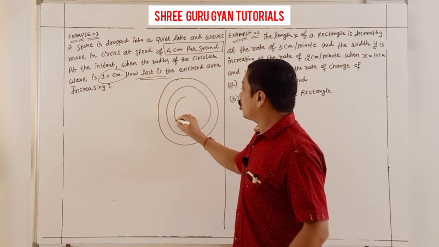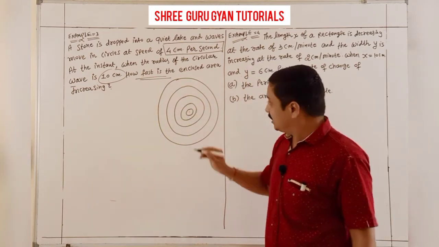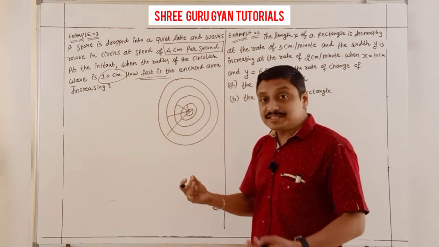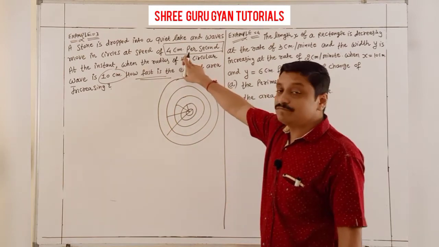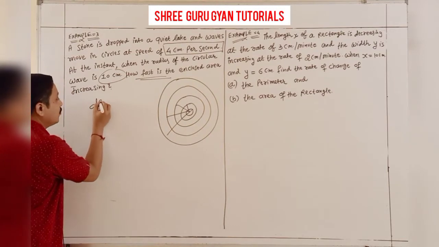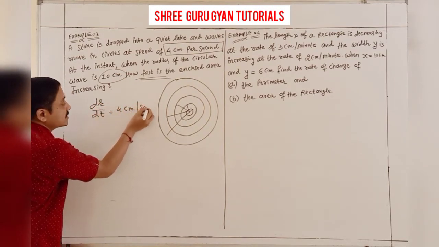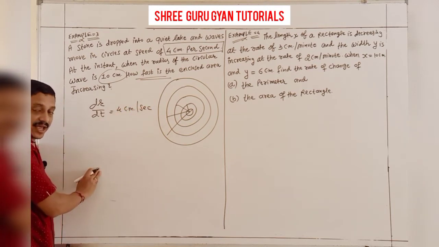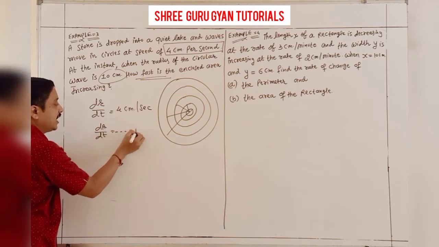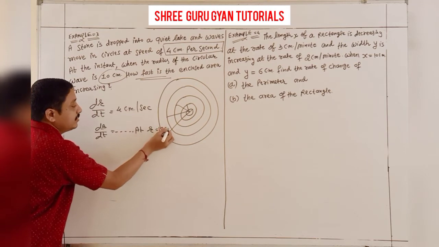If you drop a stone in silent water, yes, here this radius changes every second. How fast? 4 centimeter per second. It means dr by dt is given as 4 cm per second, and you are asked dA by dt at the position where the radius is 10 cm.